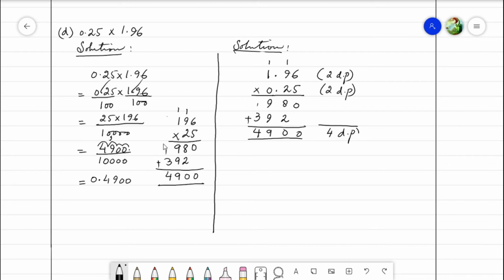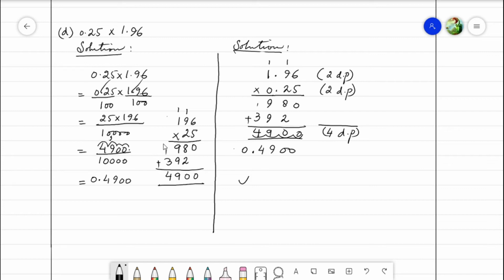So in our answer, there would be 4 decimal places. I will count from here towards the left. 1, 2, 3, 4. So the decimal would be before 4, and this is your answer.